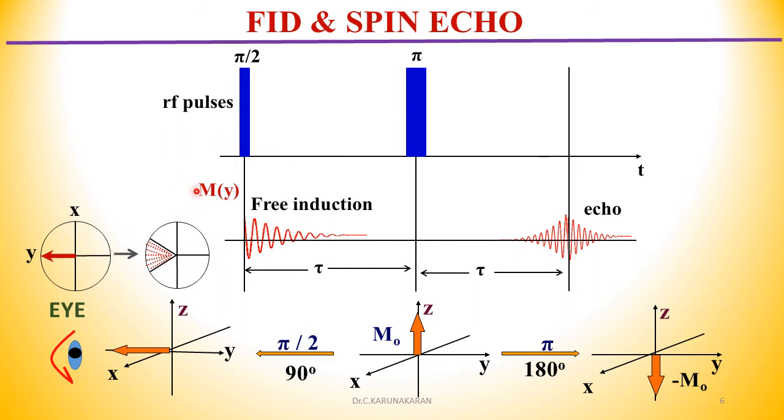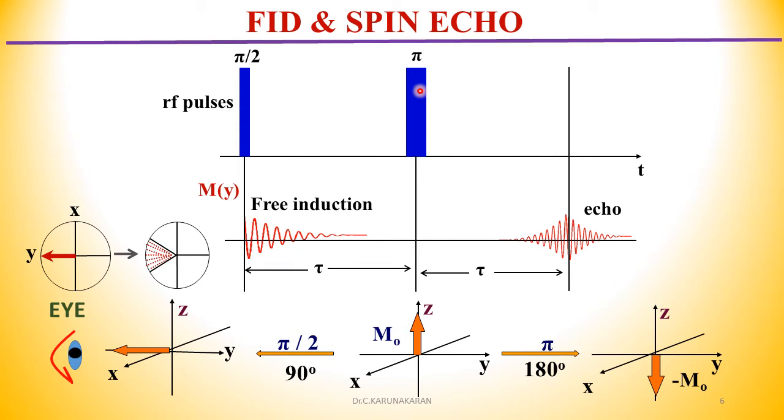It will go to the Z direction. Therefore, the FID signal, the free induction signal, is decreasing with respect to time, because the net magnetization along the minus y axis undergoes precession, and it fans out, therefore it decreases.